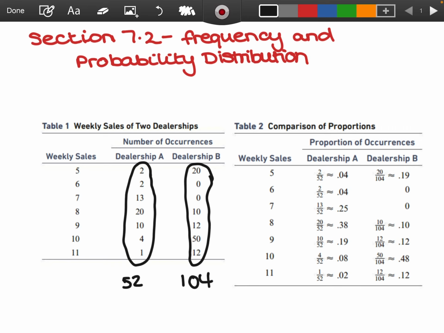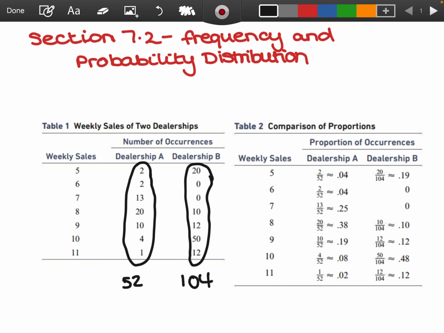So for this first table, we've got the outcomes in the first column, and then the frequency of each of those outcomes in the next 2 columns. If you also add in the relative frequency, you can add that as a separate column as well. We've done them as 2 different tables here just because there is a lot of data, but you can add that into the same table.